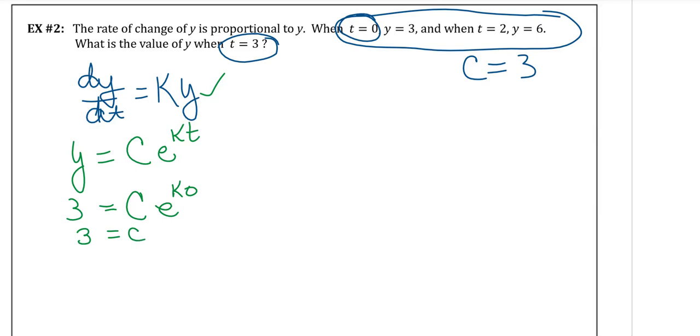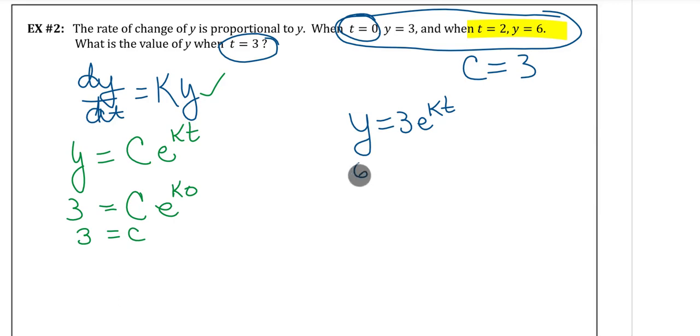So here's where we're at now. We have our model, which is so far y equals 3e to the kt. And now we have to solve for k. So we use our other condition. So we're told that when t equals 2, y equals 6. So we are going to substitute that in the equation and solve for k.